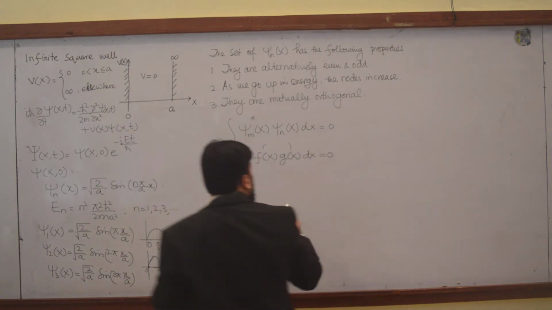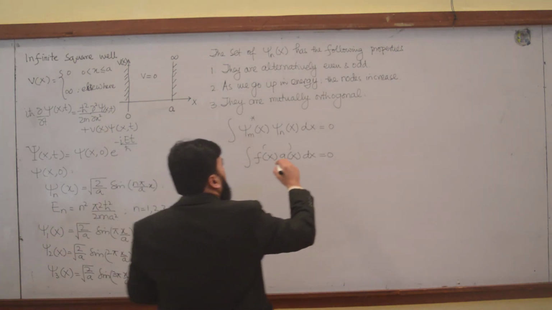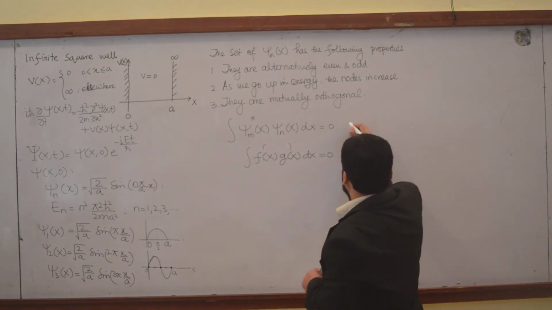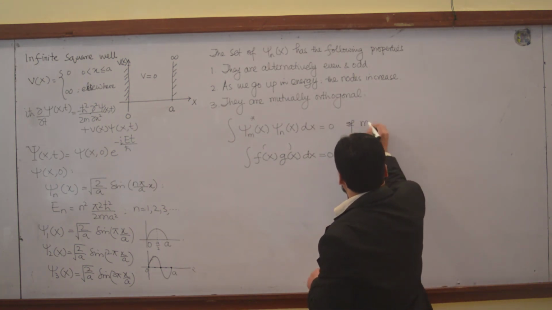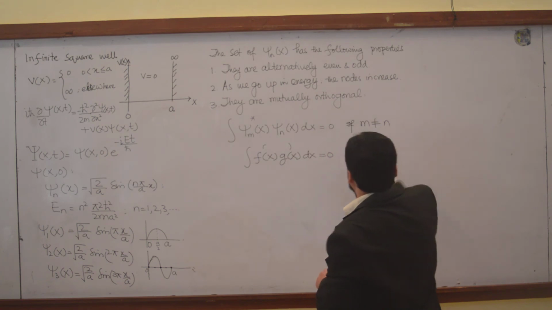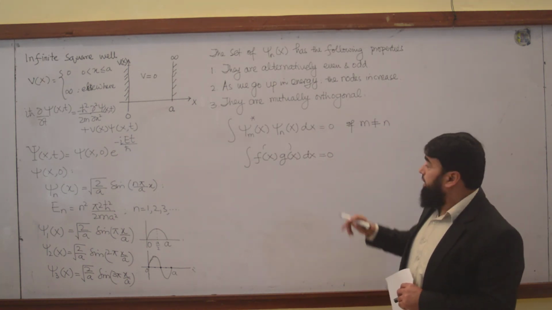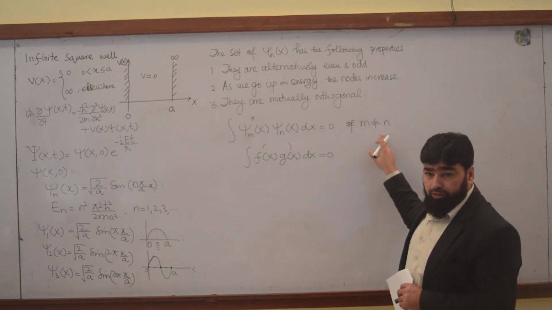And when this is equal to 0, then you have the condition that if m is not equal to n, then it will be equal to 0.